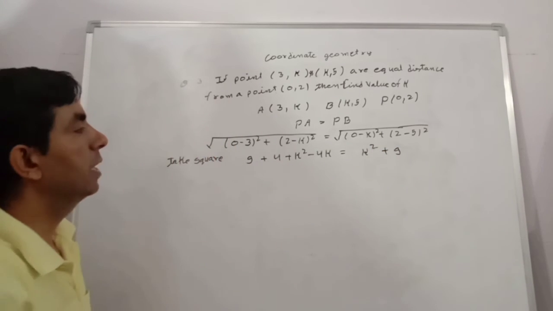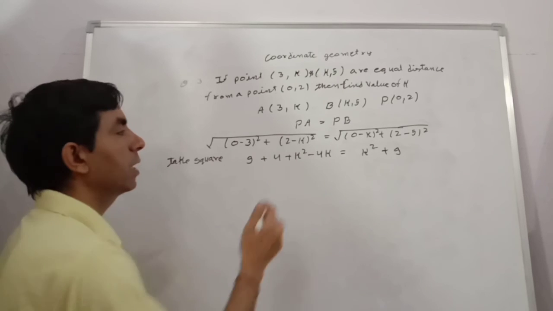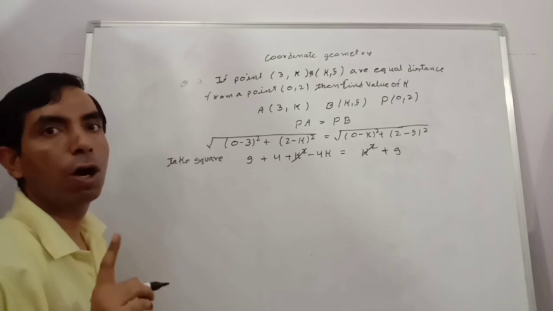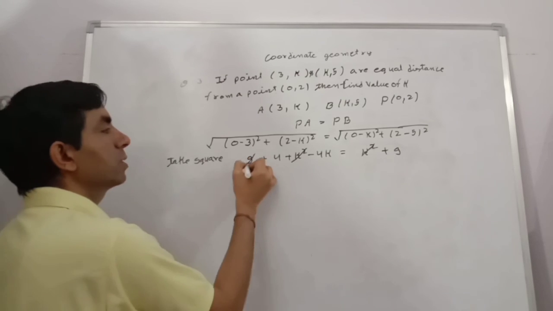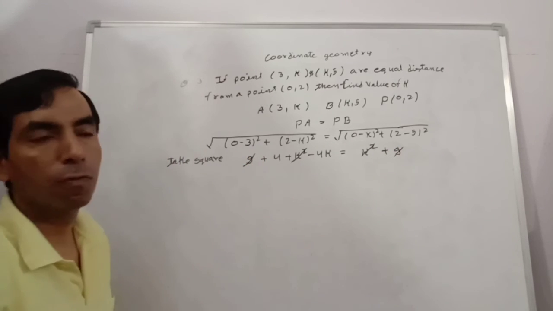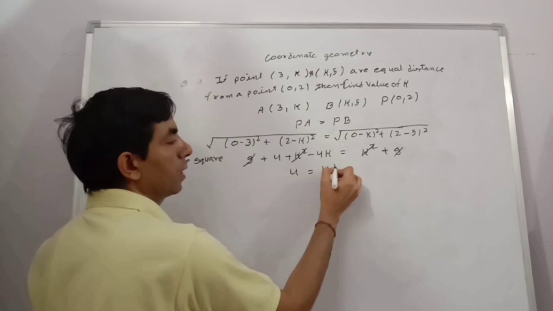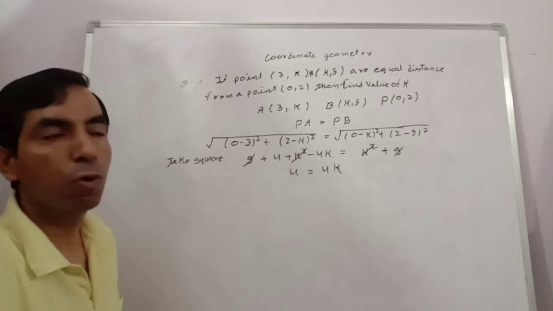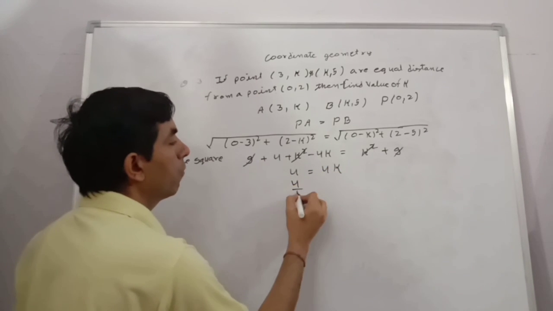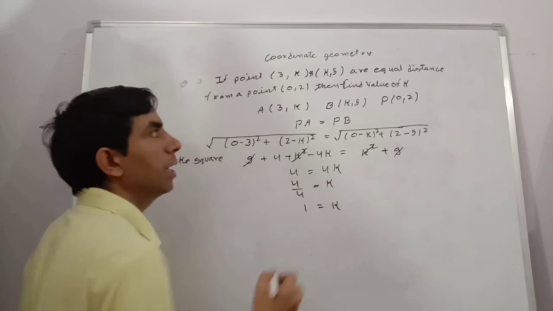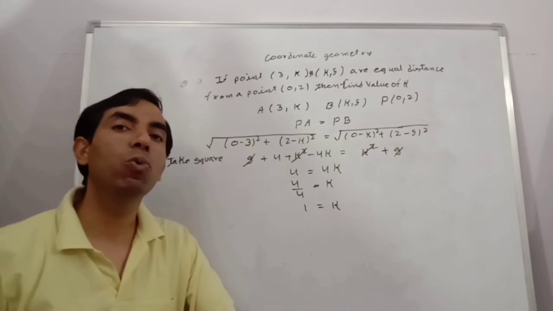Now we see that k square with positive sign is on both sides, so cancel it. 9 with positive sign is on both sides, so also remove it. Now we take the alphabet on one side, then we get 4 equals 4k. Then divide 4 by 4, we get k equal to 1. So the value of k is only 1.